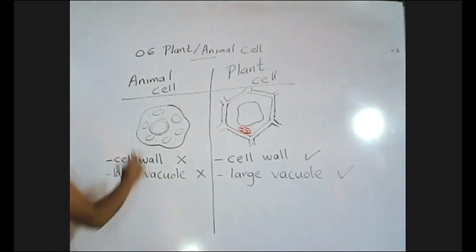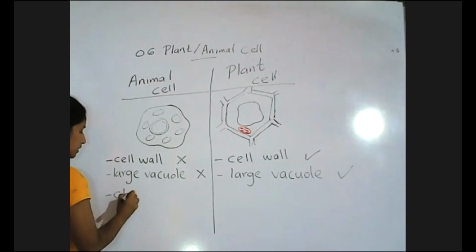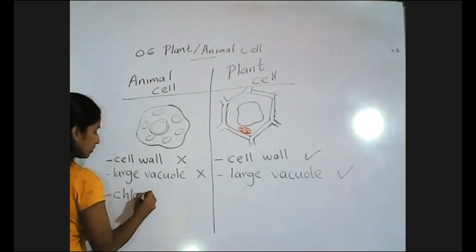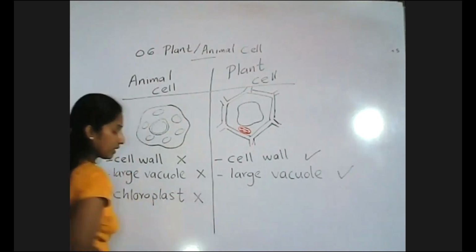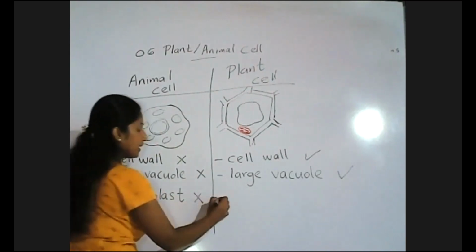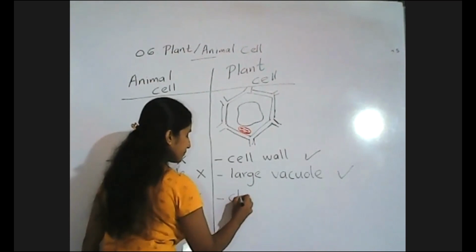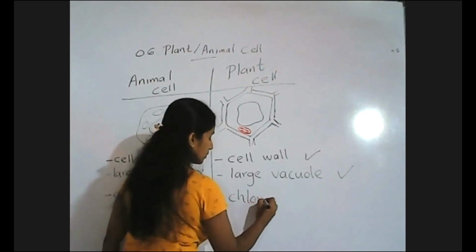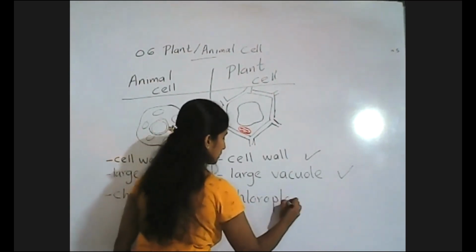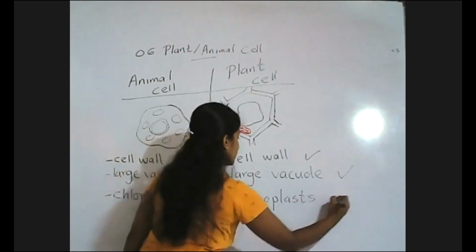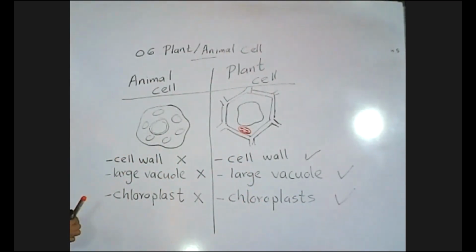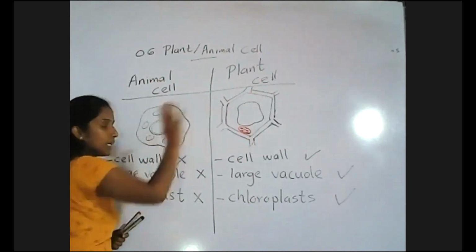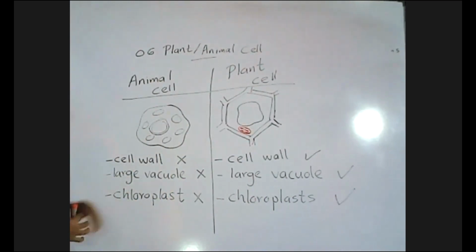In the animal cell, chloroplast is absent, but in the plant cell, we can identify chloroplast. So those are the major differences between the animal cell and the plant cell.